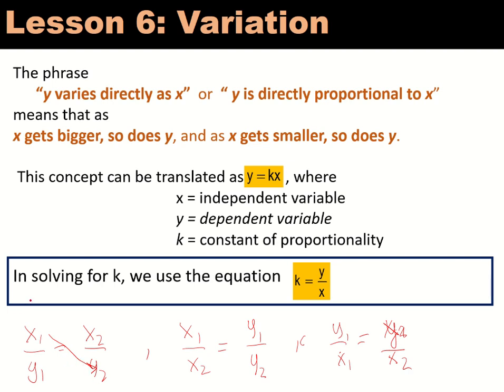Then we have here x sub 2 times y sub 1. How about here? When you get the cross product, we have x sub 2 times y sub 1, which is equal to this. Then we have equals x sub 1 times y sub 2, which is also equal to this. So they're just the same. These three equations are the same equations.